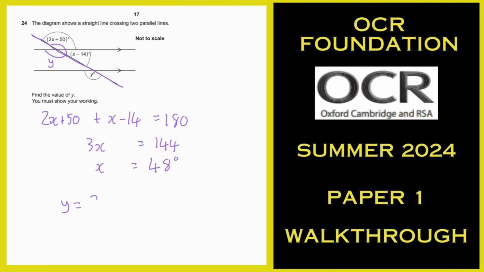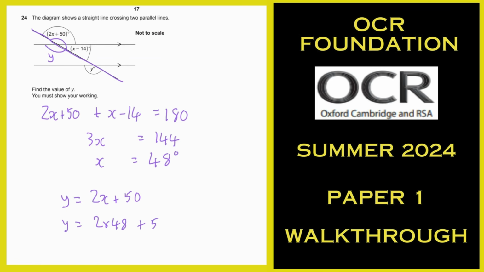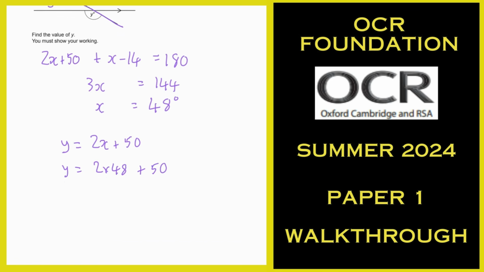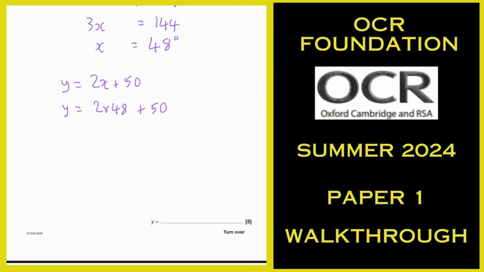Y equals 2x plus 50. Y equals 2 lots of 48 plus 50. In your calcs, we're getting 146. Several ways of doing that, finding out the y bit, by the way.